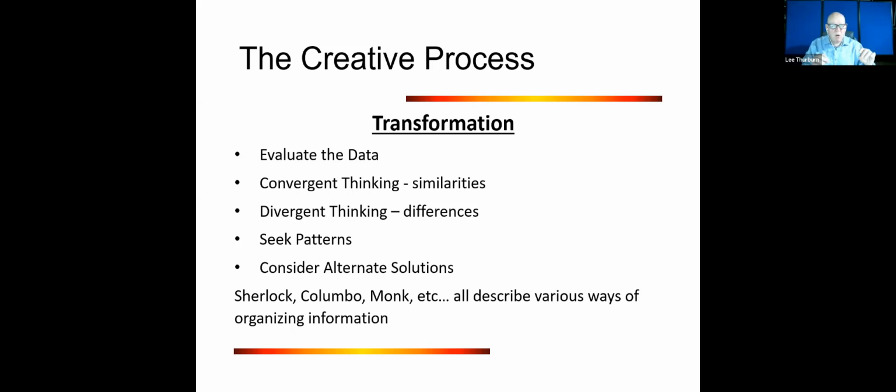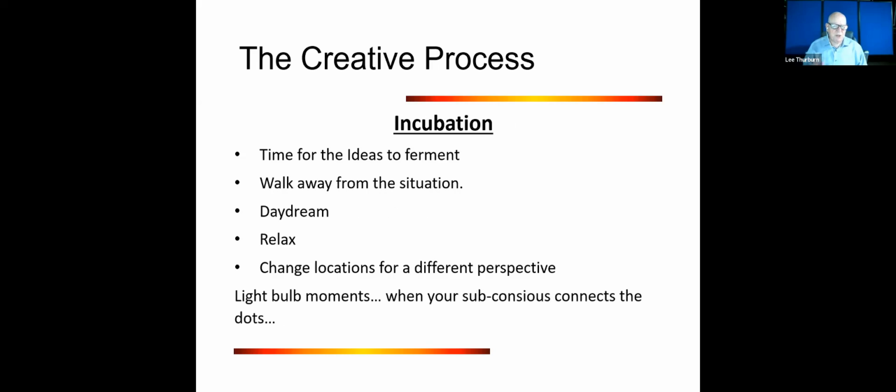They put them on a wall so they can see everything, and then they just spend a lot of time looking at it and researching and digging down, trying to find the patterns, looking for, in their case, the criminal that is guilty or responsible. But they're all describing different ways of organizing information and trying to seek patterns out. So that's the essence of the transformation process, where you take the raw data and you begin to transform it into a meaningful data set.